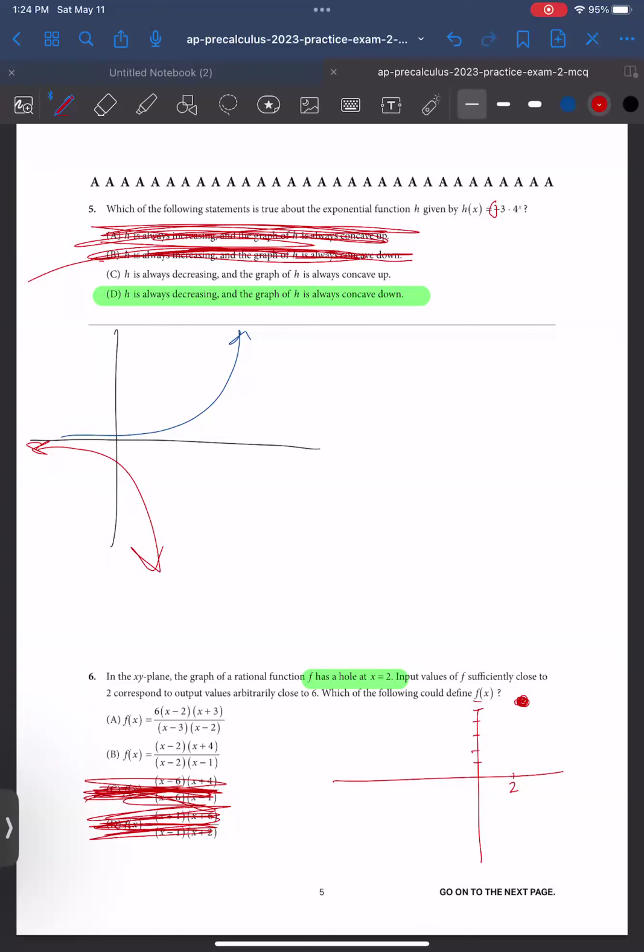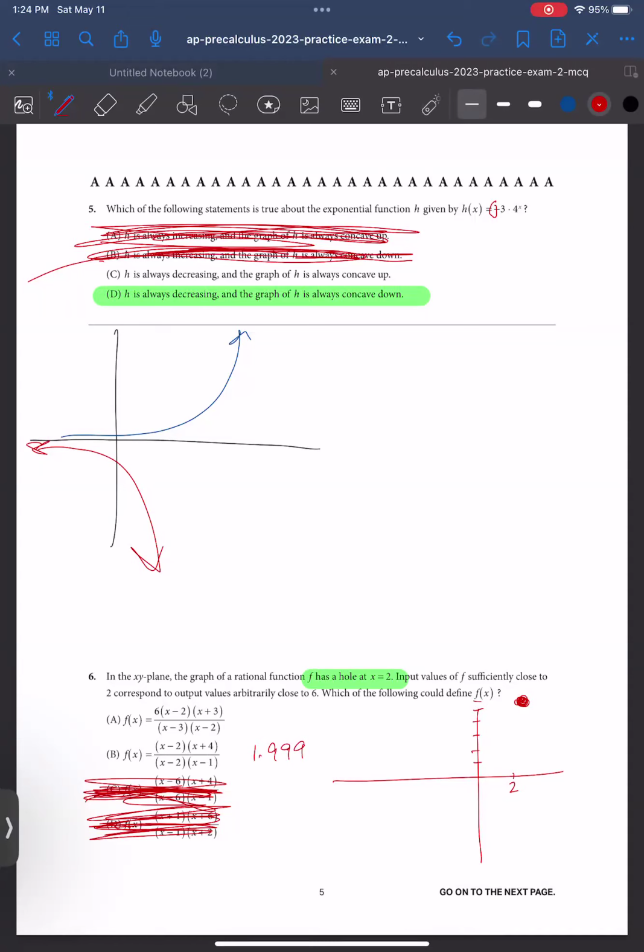That's basically what it's telling you. So remember, when you have a hole, you solve for it, because there's going to be a specific y value, where you would see the hole on your graph. So you need to figure out what's going to give you an answer close to 6 as you get close to 2. So you would want to try something like 1.999.